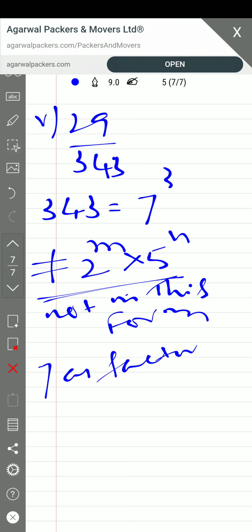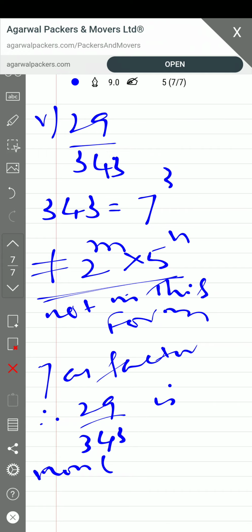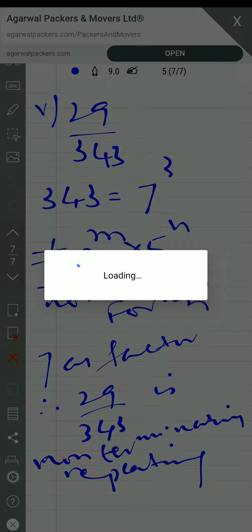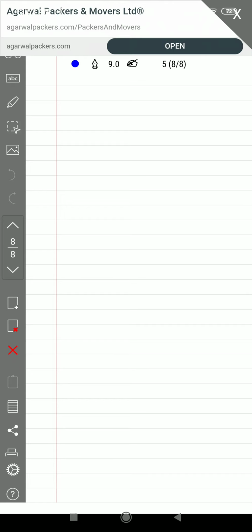Therefore the decimal expansion of 29 by 343 is non-terminating and repeating.